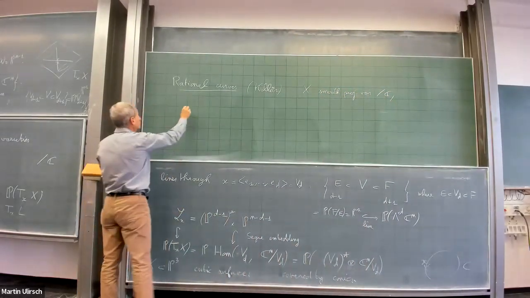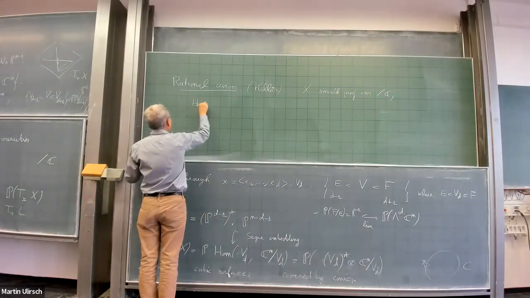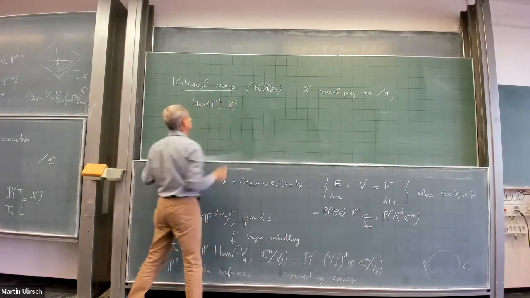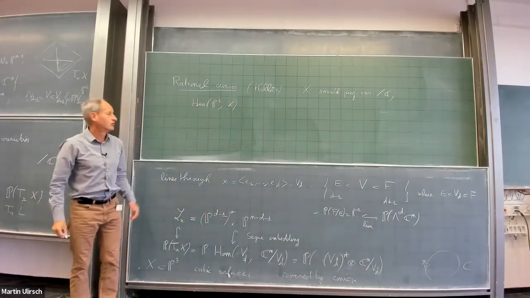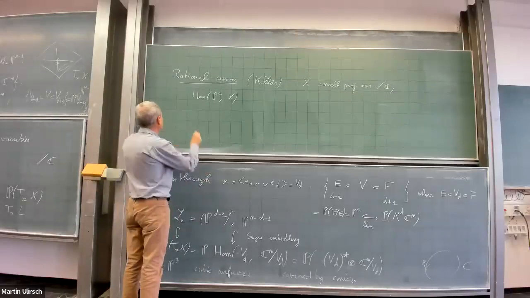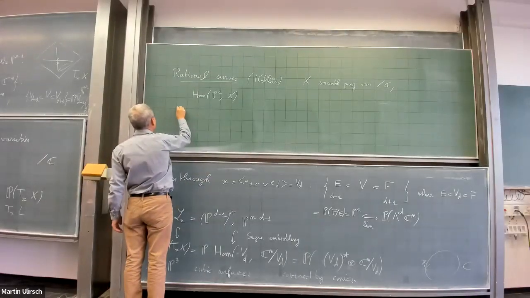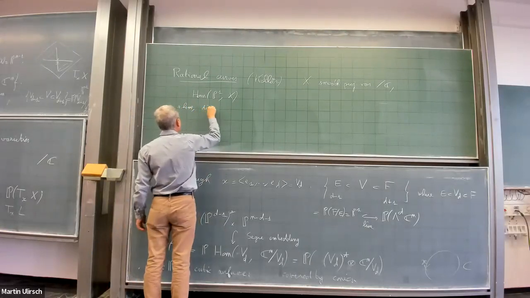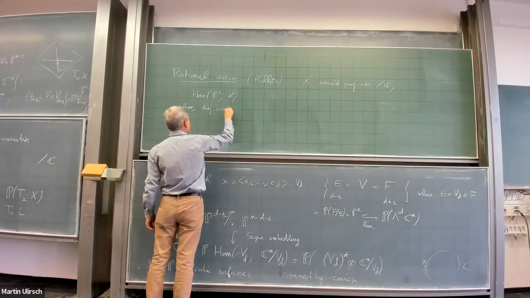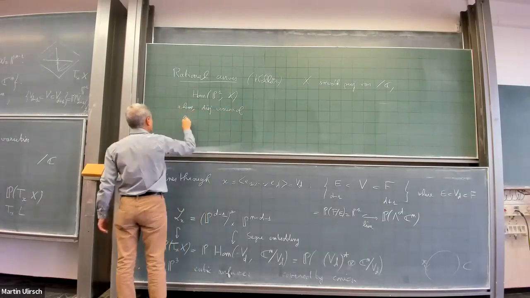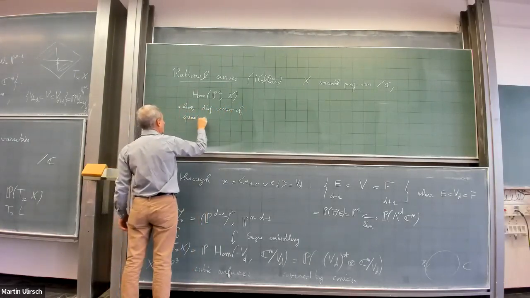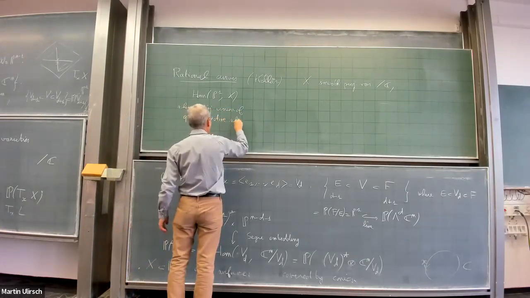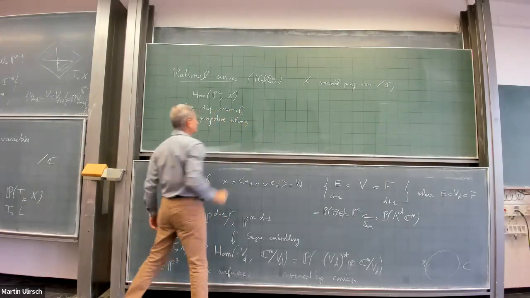The starting point is to take morphisms from P1 to X. This has a structure of a quasi-projective scheme.